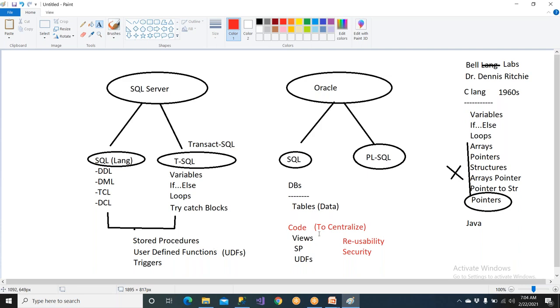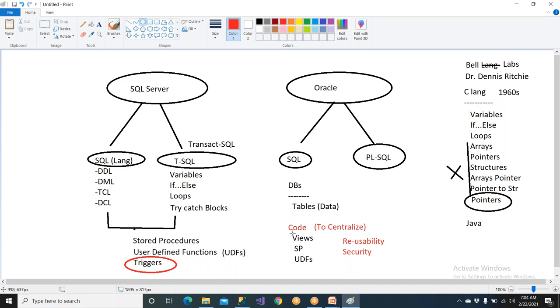Views do not need any kind of programming. With the help of the SQL language itself, you should be able to create a view. Views do not need T-SQL programming. Clear? But stored procedures and UDFs need it, and triggers are one more miscellaneous concept, implemented within SQL and T-SQL for data validation purposes.